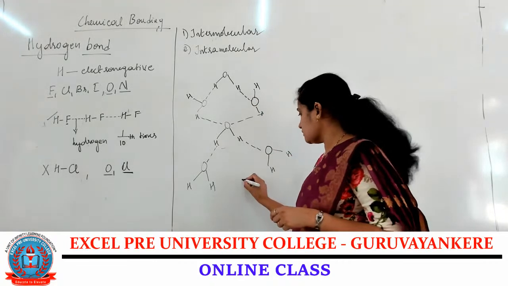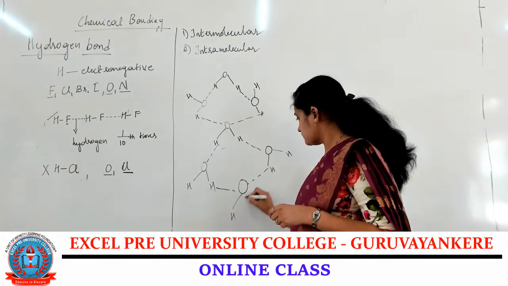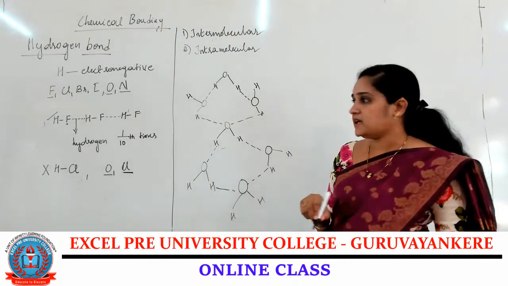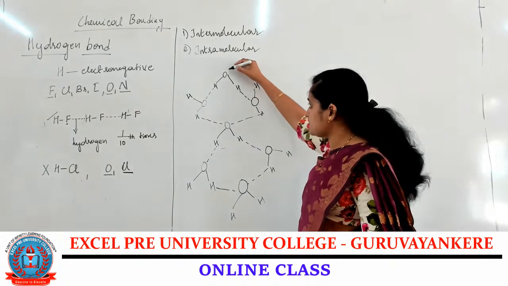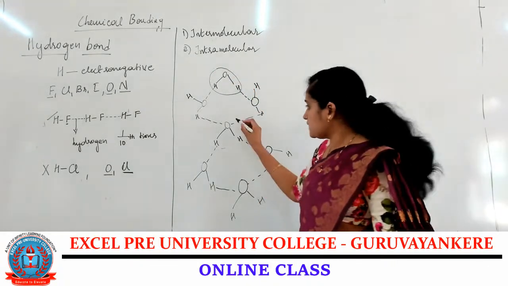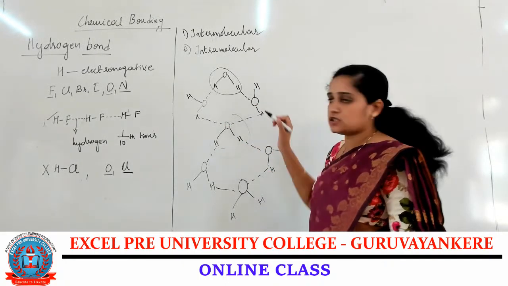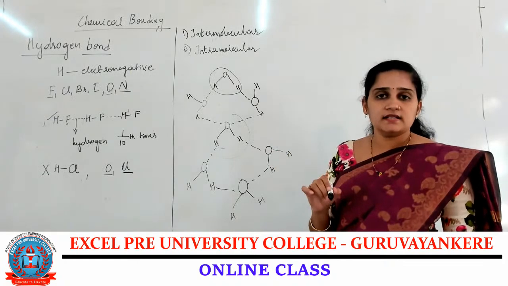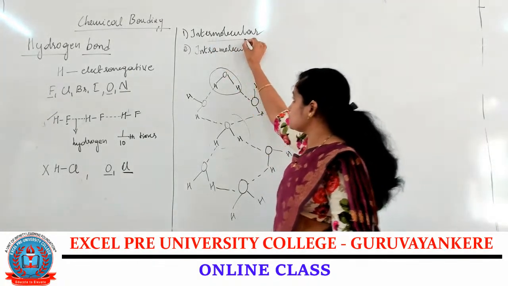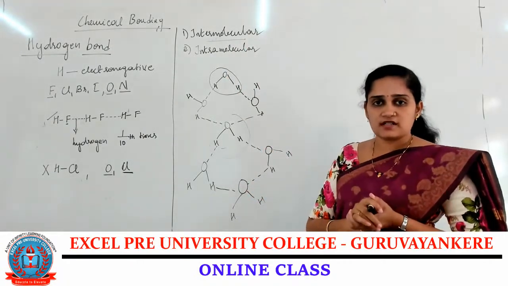Between water molecules you can make out the hydrogen bonding, isn't it? See, this one is one water molecule, another water molecule. Between the water molecules you can make out the dotted line. That dotted line indicates a hydrogen bond. So it is nothing but the intermolecular hydrogen bond. Between the molecules a hydrogen bond is formed.